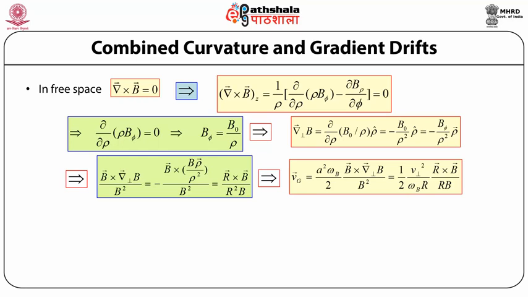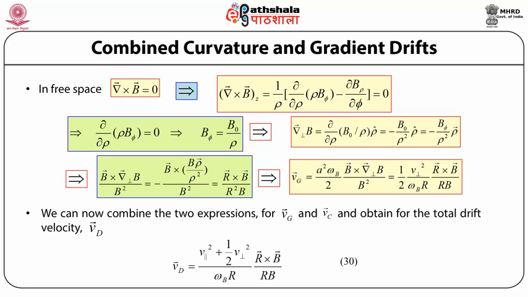The gradient drift velocity Vg takes the form Vg equals a square omega b by 2 into (B cross del perpendicular B) by B square equals half of v perpendicular square by omega b r into r vector cross B vector by r B, where v perpendicular equals a omega b.